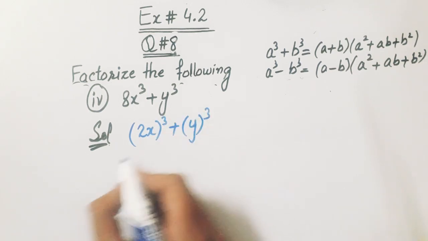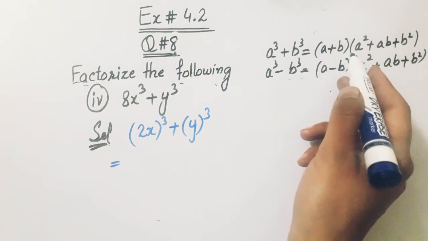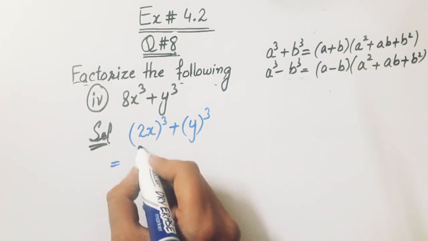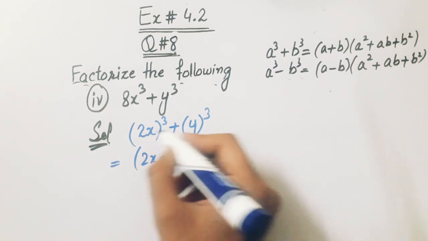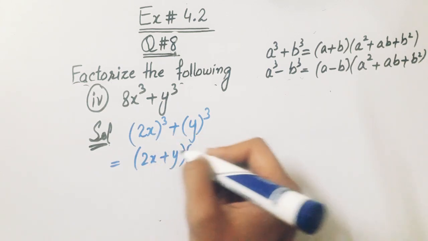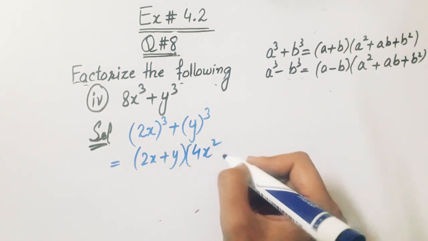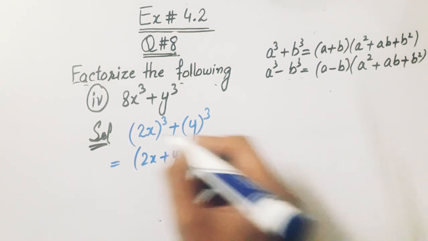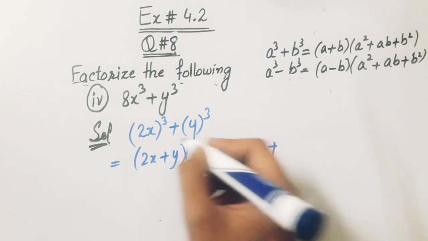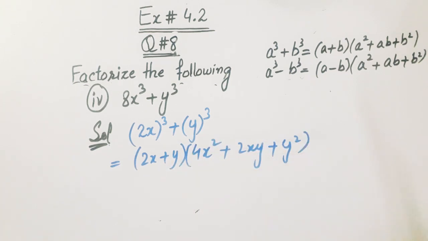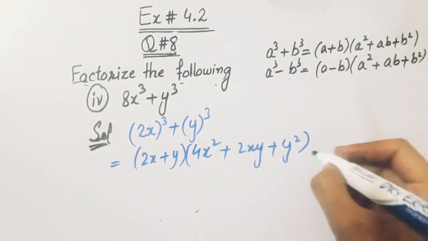Now apply the plus formula, that is a plus b means 2x plus y, then a square means 2x square, that is 4x square, and then ab means multiply 2xy, and then y square. So this is the final answer.